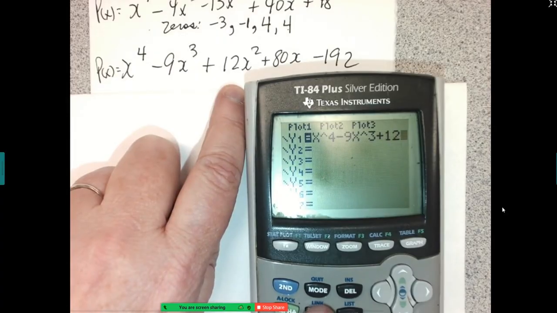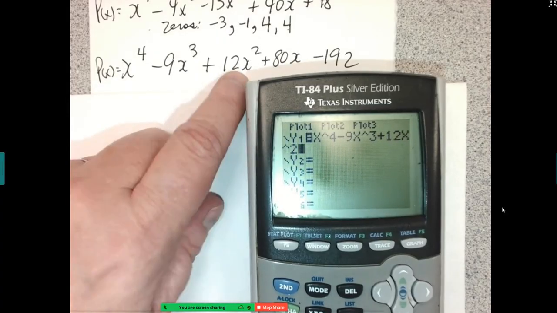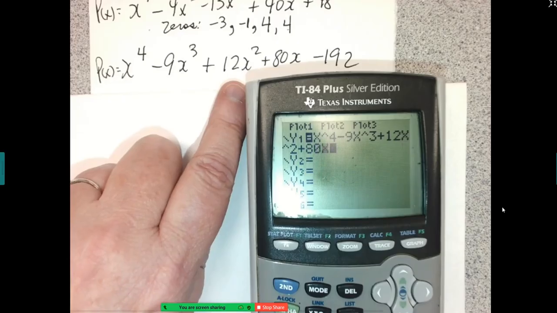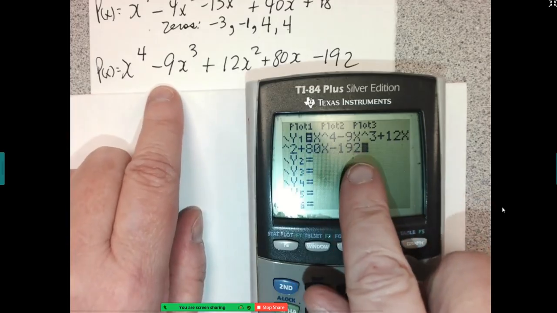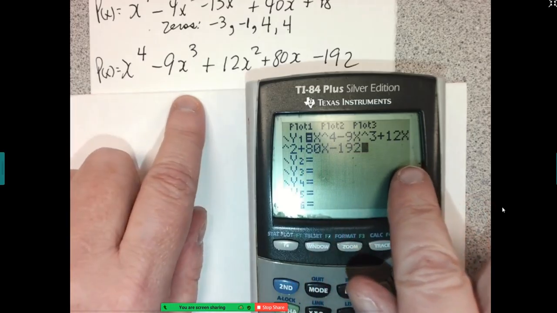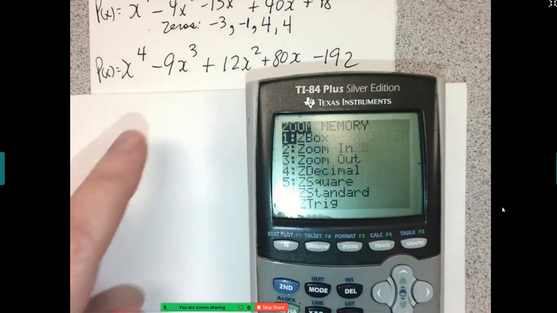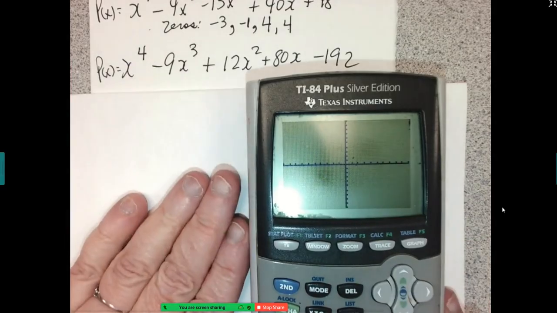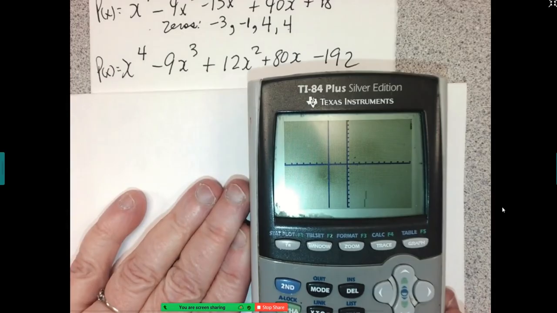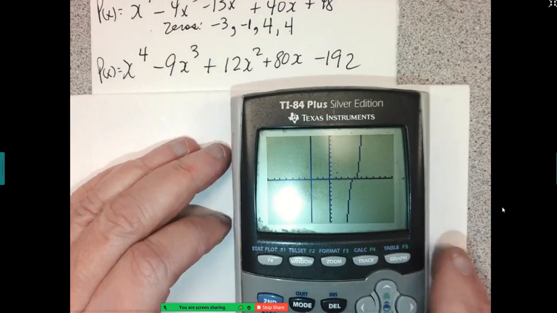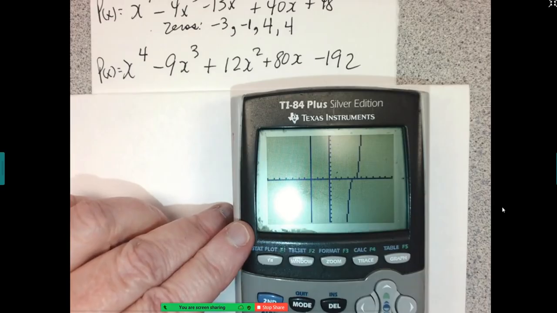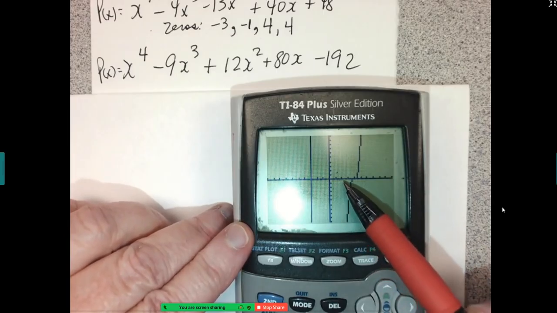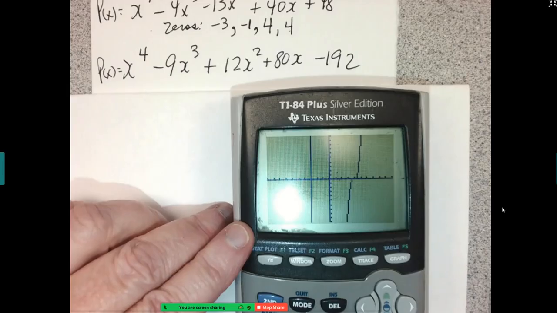So plus 12x squared plus 80x minus 192. All right, just make sure I put it in correctly. Okay, then I'll do a zoom 6. Okay, so it looks like I have one at -3, and it also looks like I have one at 1, 2, 3, 4.